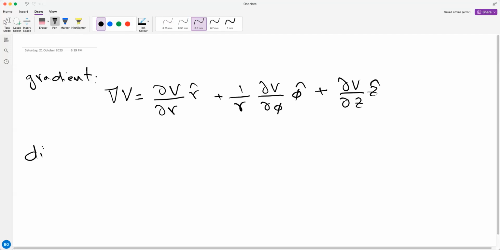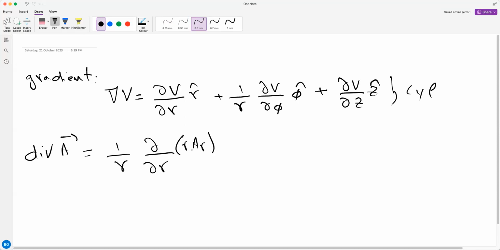The divergence of a vector in cylindrical form is 1 over r, the derivative with respect to r of r times the component Ar, plus 1 over r the derivative of the phi component with respect to phi, plus the derivative of the z component with respect to z.